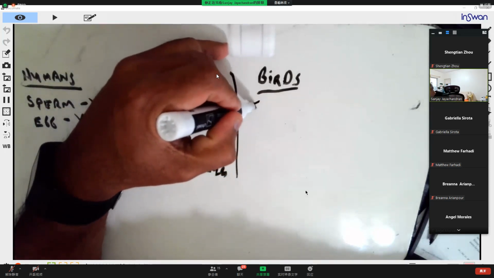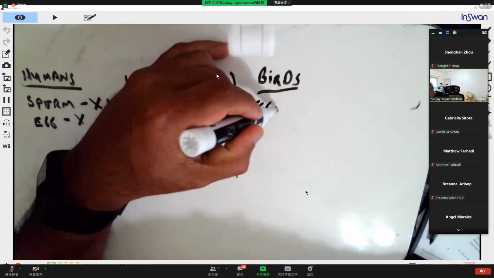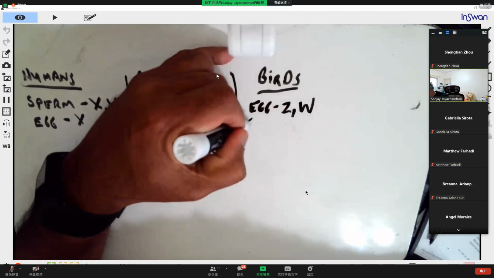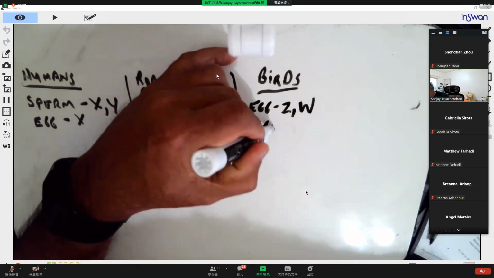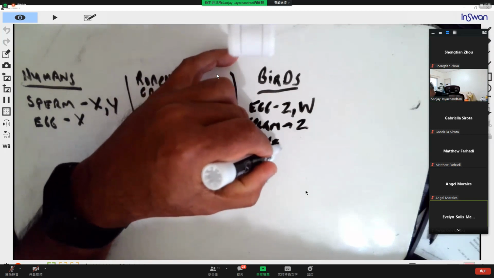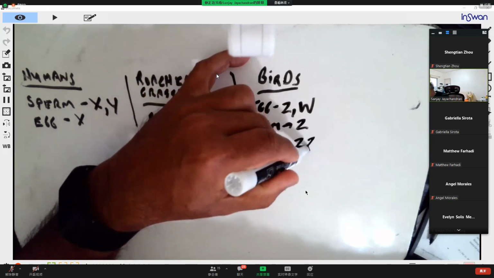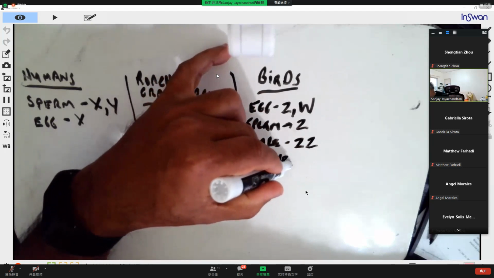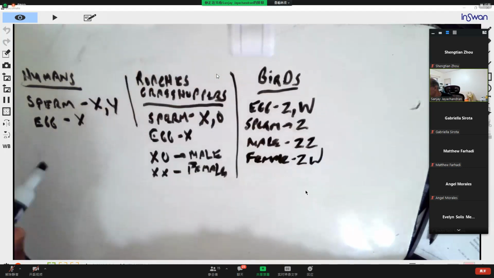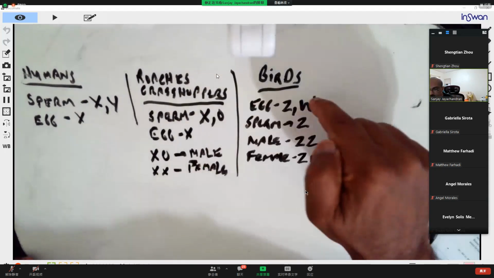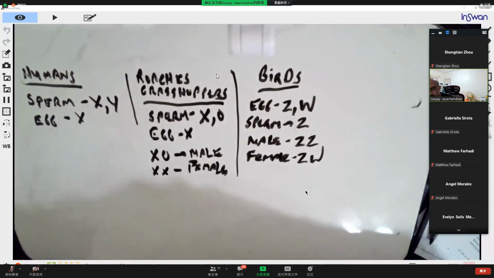So the egg can be Z or W, and the sperm can only be Z. So a male is ZZ, and a female is ZW, the exact opposite of humans. These are sex chromosomes in birds.